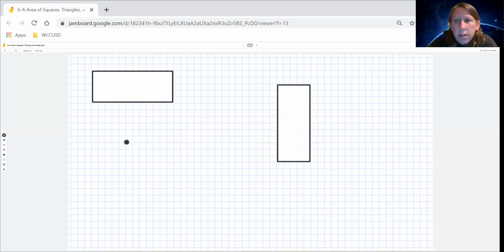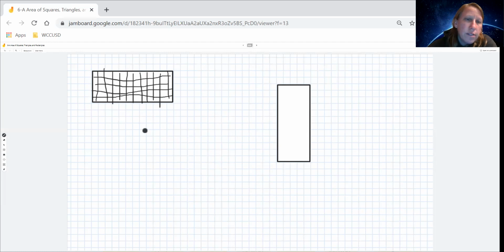So how do I find the area of a rectangle? Well, I just count how many squares are inside of it. Okay, so I could fill all this in. Wow, that's a lot of lines, Miss Bliss. Yeah, well, there's a lot of squares that fit inside these rectangles. I should really use a straight line, but I didn't. Basically, if those were perfect squares and I counted them all up, how many would there be? That's area.